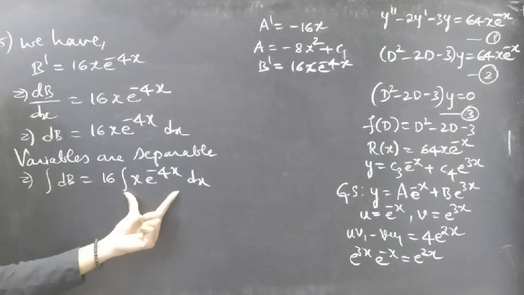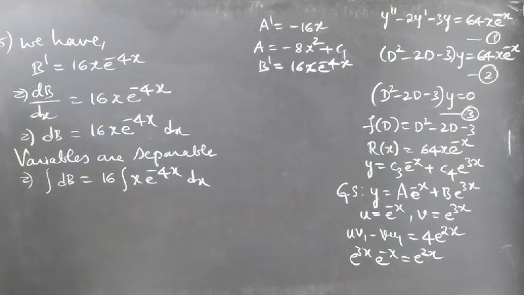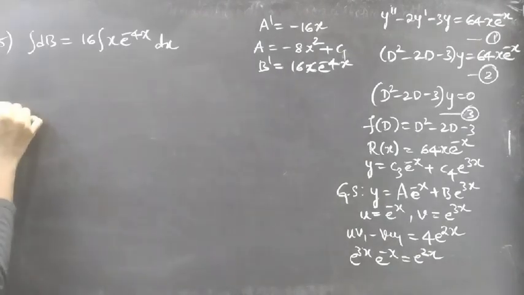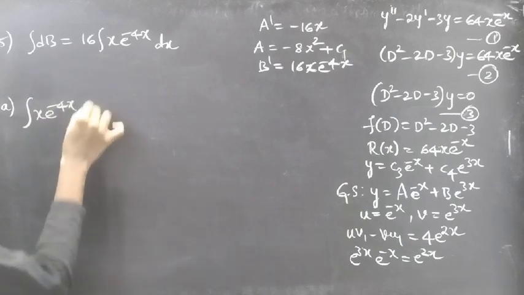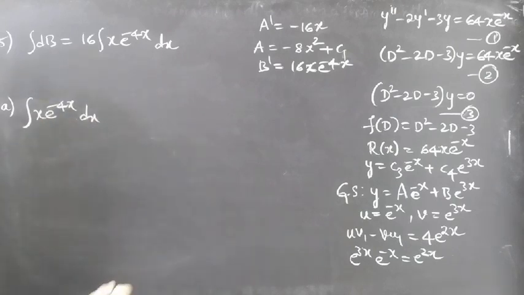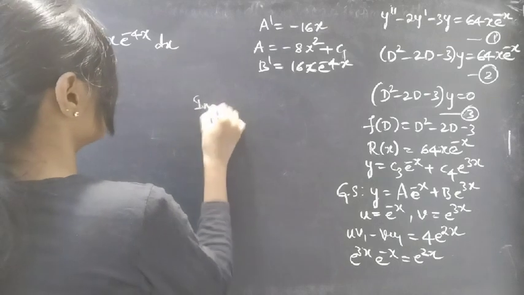Let's now evaluate integral x e power minus 4x dx separately for our convenience. Here we are going to apply integration by parts formula.